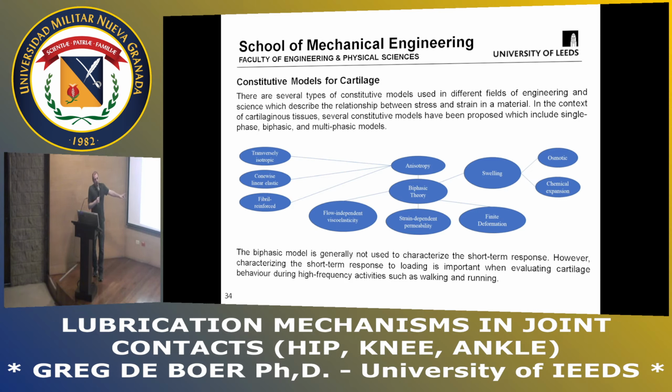And they don't model lubrication, and they don't model the fluid flow aspect in any way, which, depending on what you want to measure, might be okay. But what we were interested in was really understanding the equations of these materials so that we can map them to the outcomes of the other models that we were talking about. Okay, so biphasic theory kind of sits in the middle here, and you have anisotropy and all sorts of other types of model. Fiber reinforced or fibril reinforced models are one of the most common that are used at the moment.